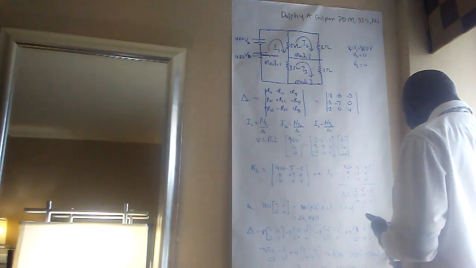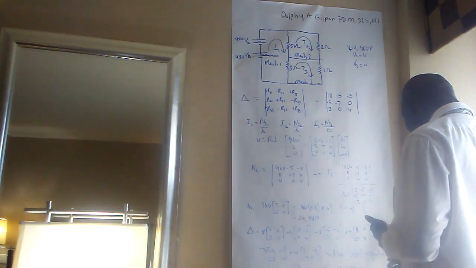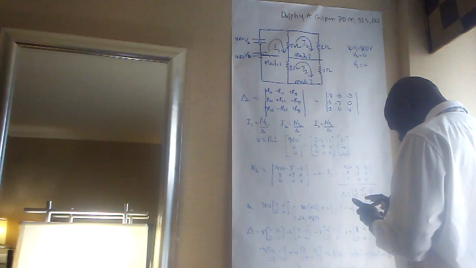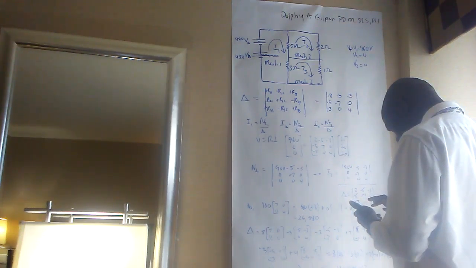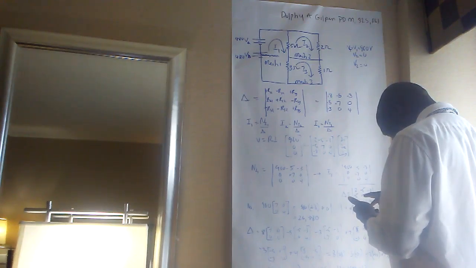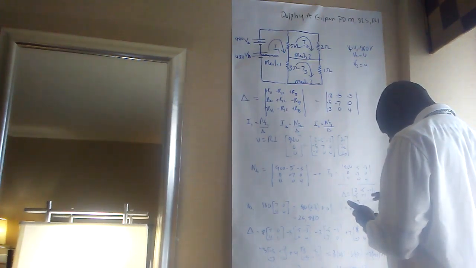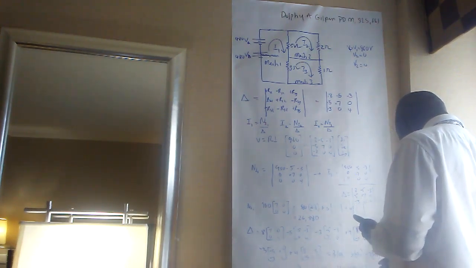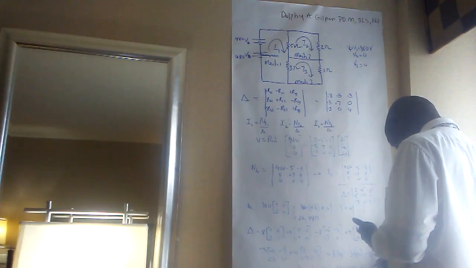We have 23 multiplied by 7. That's plus 161.